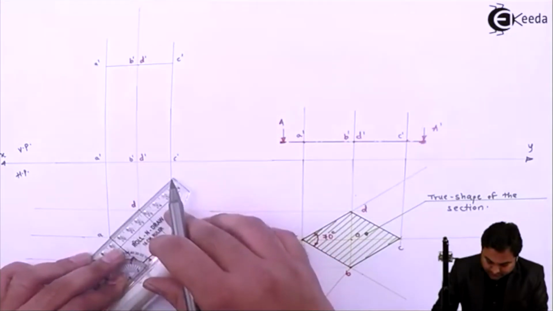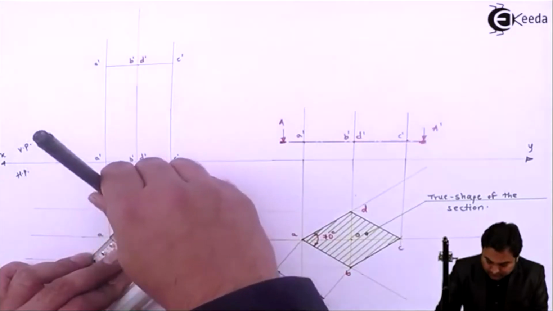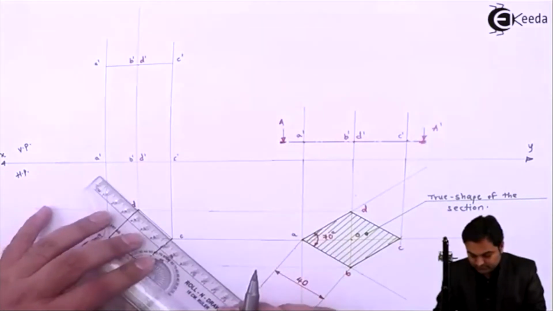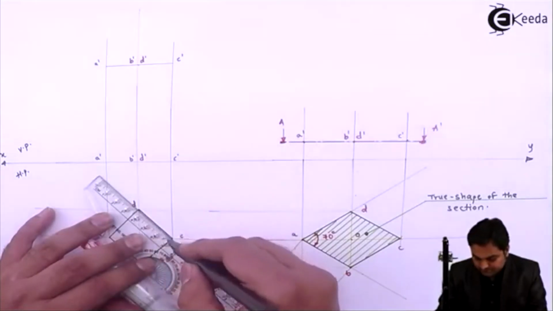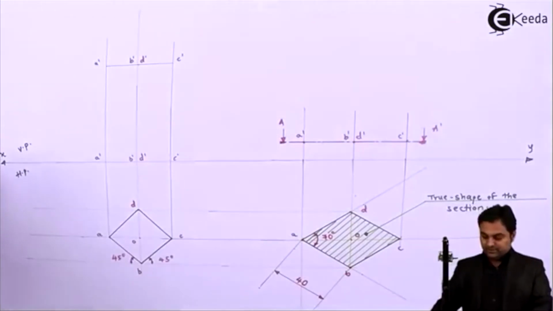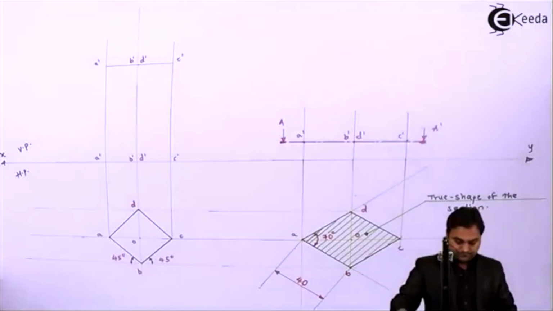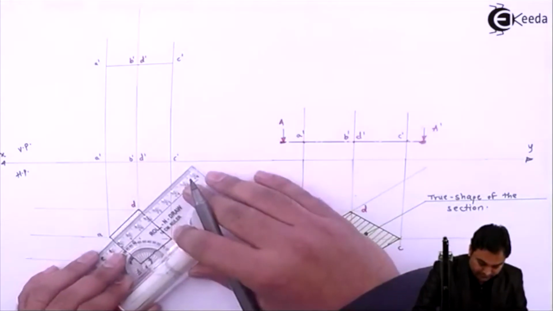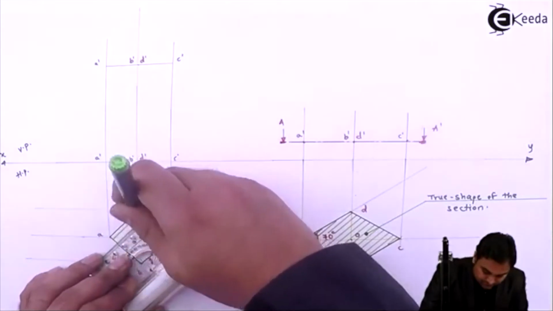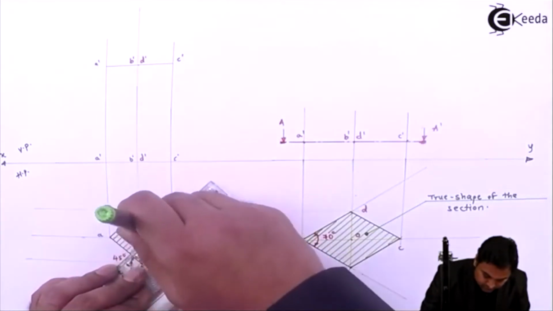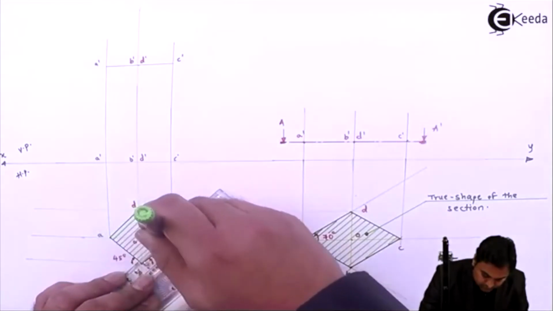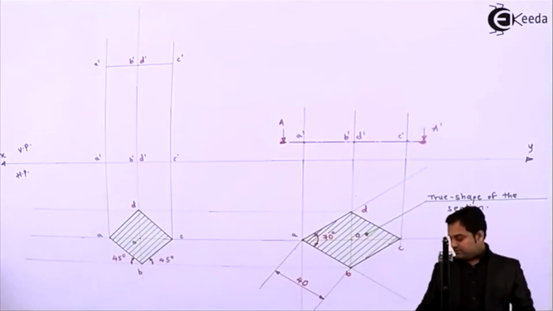A to D, and D to C. Then drawing the sectioning lines over it, inclined at 45. So this is the sectional top view.